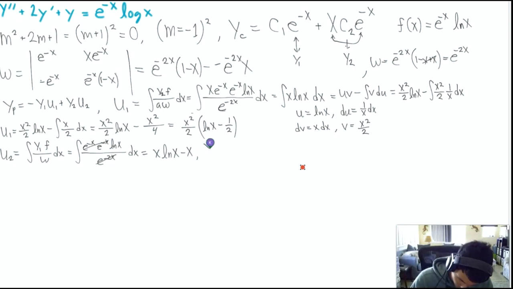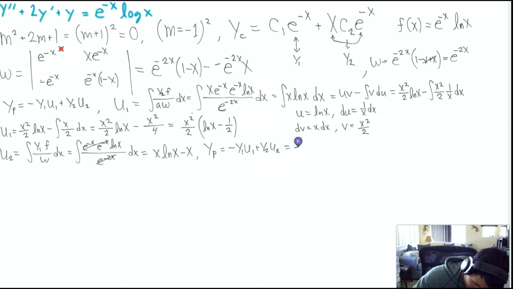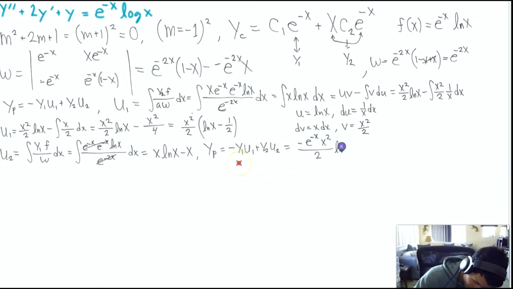Now let's write out what yp is. It's negative y1 u1 plus y2 u2. Negative y1 is negative this, and u1 is this. So it would be negative e to the negative x, x squared over 2, times ln x minus 1/2.